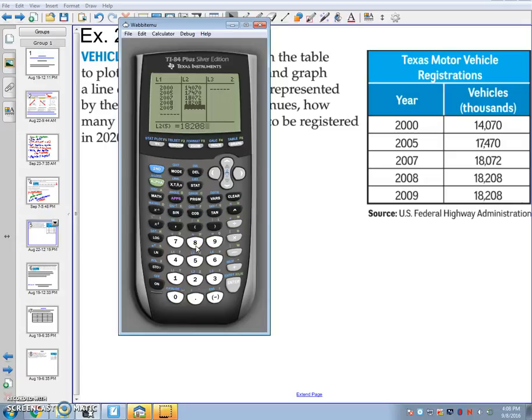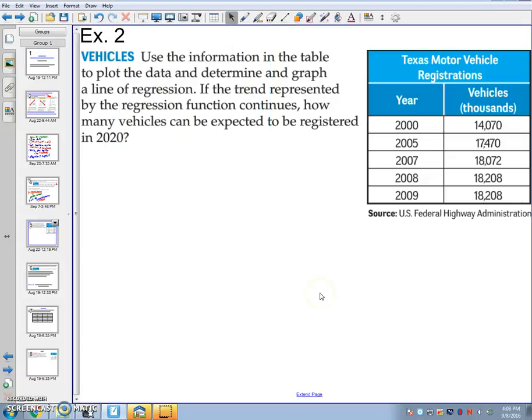So same thing, once you have the data entered, Stat again, right to Calc, down to 4, enter, enter, enter, enter. It gives you that equation. Again, it gives you y equals ax plus b, but it tells you a and b. You need to write that down, 3 decimal places, rounding if necessary. So I'm going to write that down. y equals 480.858x plus b.